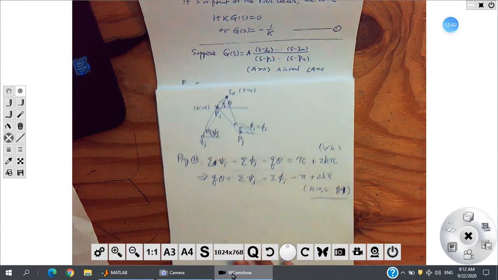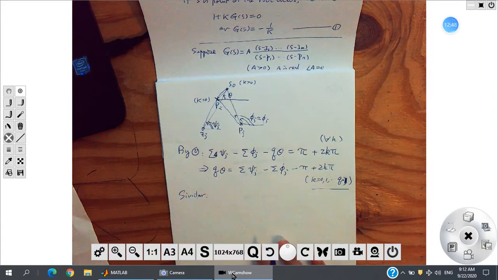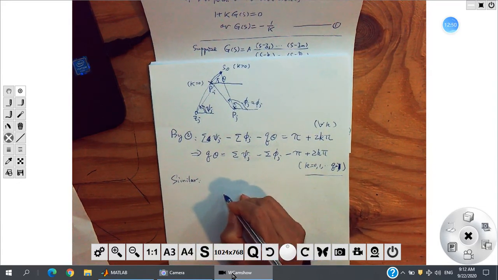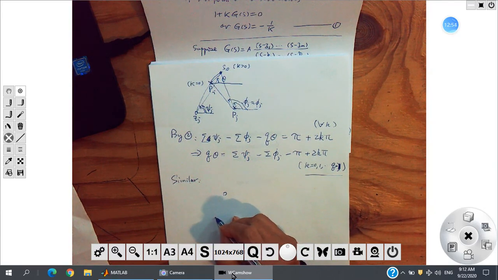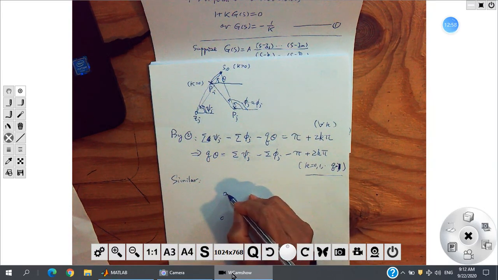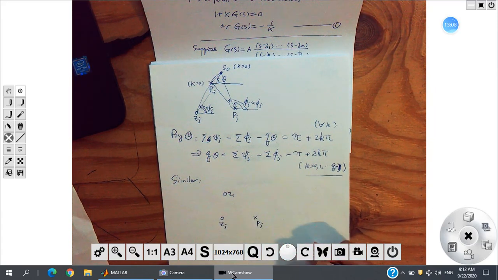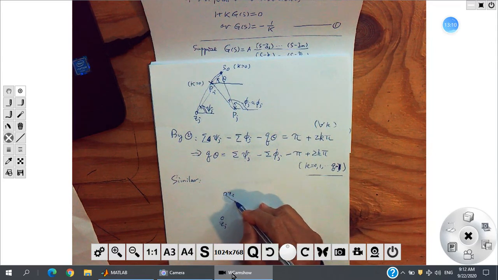And similarly, if we consider a circle, a zero, and the cross, this is some zi, and all the other zeros zj, and all the pj's. Then we have a similar case. We consider this angle.